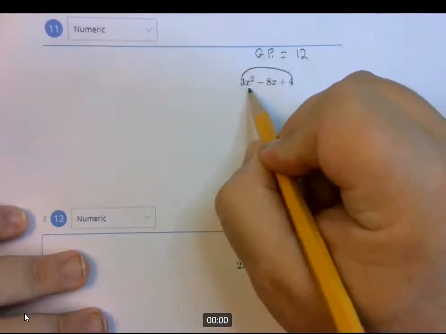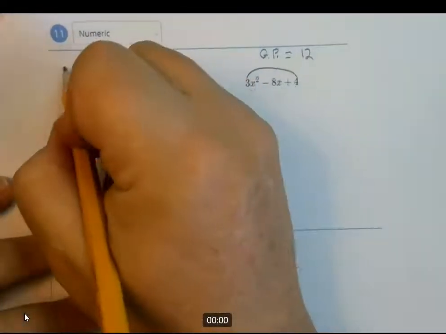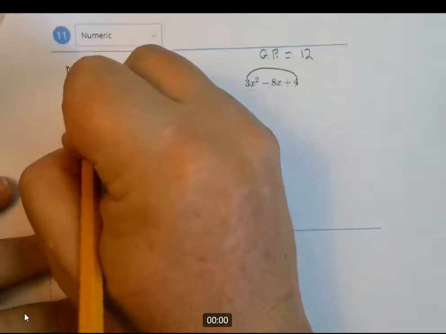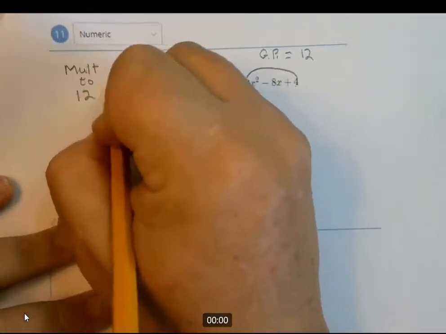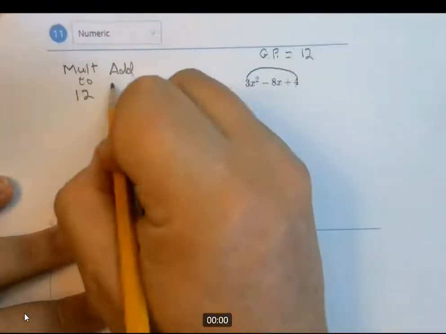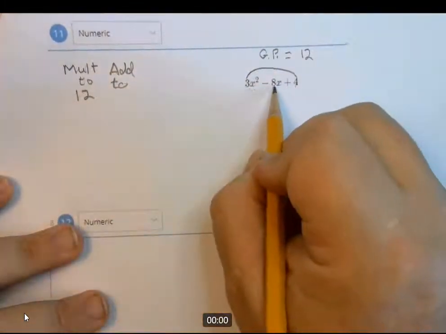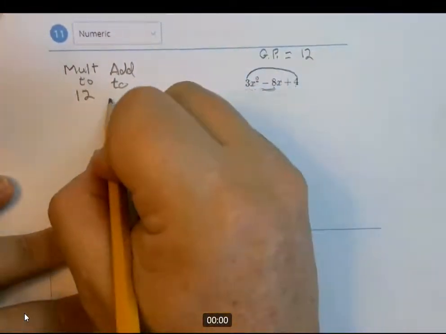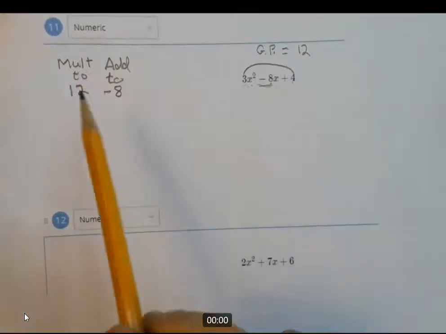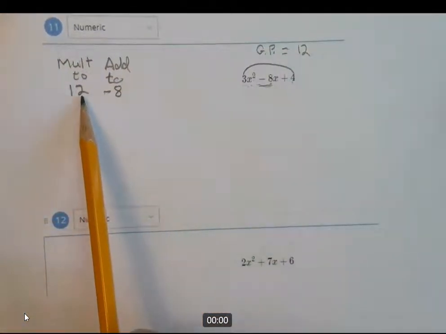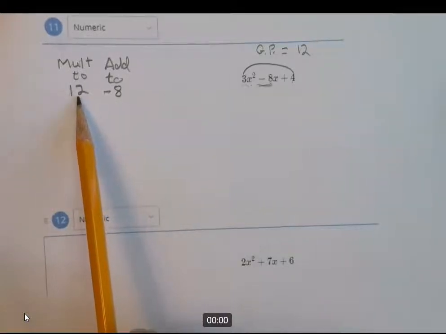3 times 4. So we come over here and we multiply to 12, and you add to negative 8. Again, it's similar to the last problem. If two numbers multiply to a positive number, then they either both have to be positive or both be negative.